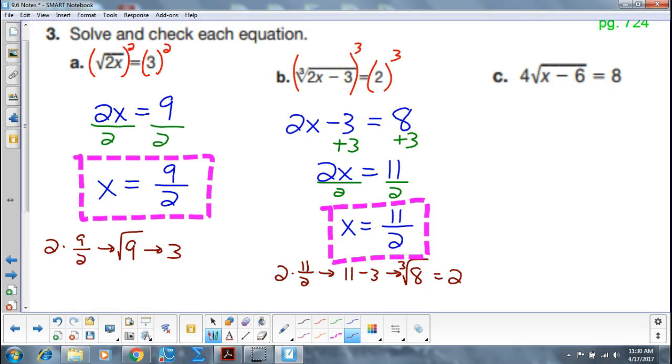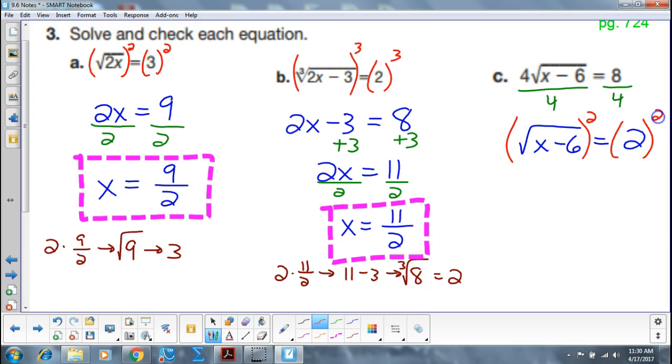Part C. First, divide both sides by 4. That gives me the square root of x minus 6 equals 2. Then, square both sides. That gives me x minus 6 equals 4.